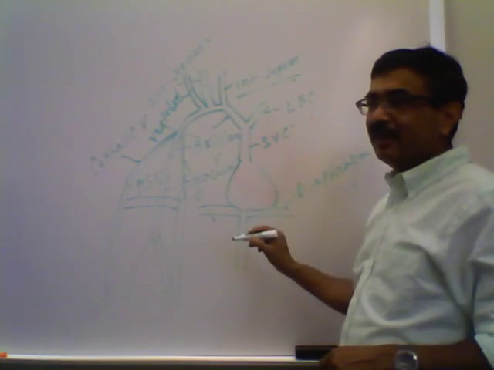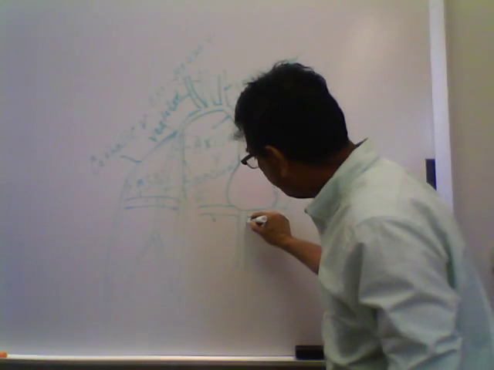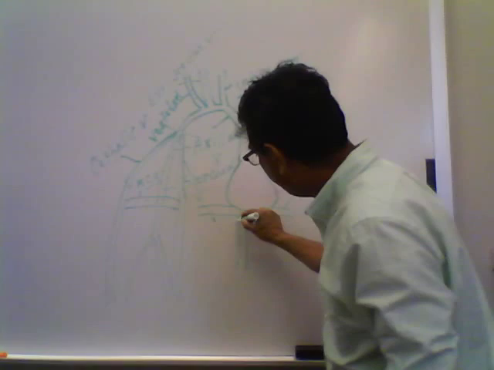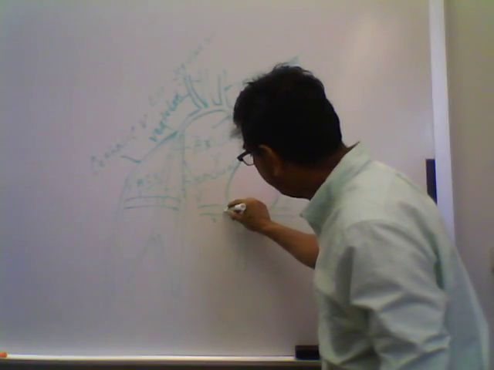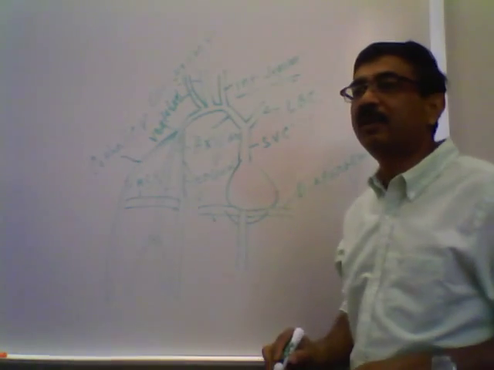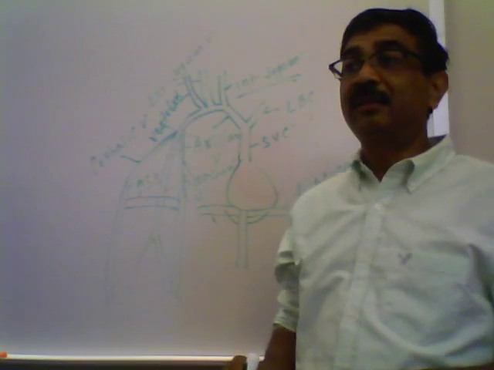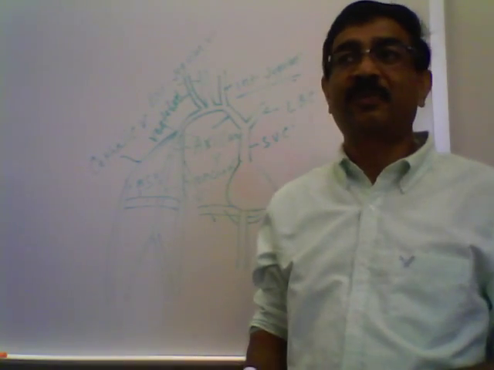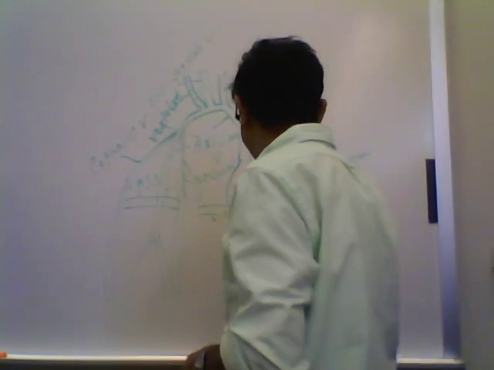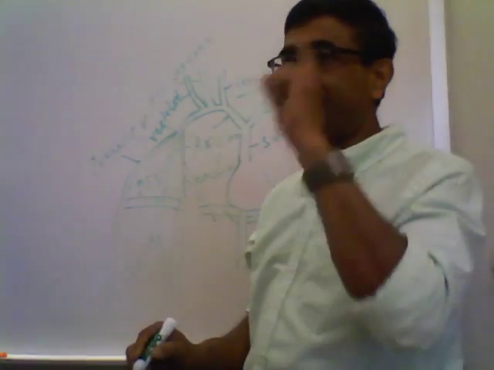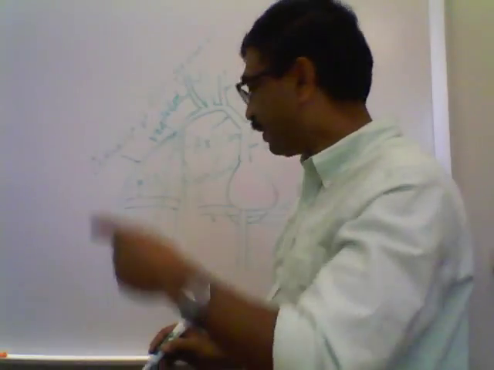So first, from the inferior vena cava, the veins drain the diaphragm. Those are called what? Phrenic veins. You remember in the last class I said phrenic. If you hear phrenic, that means diaphragm.